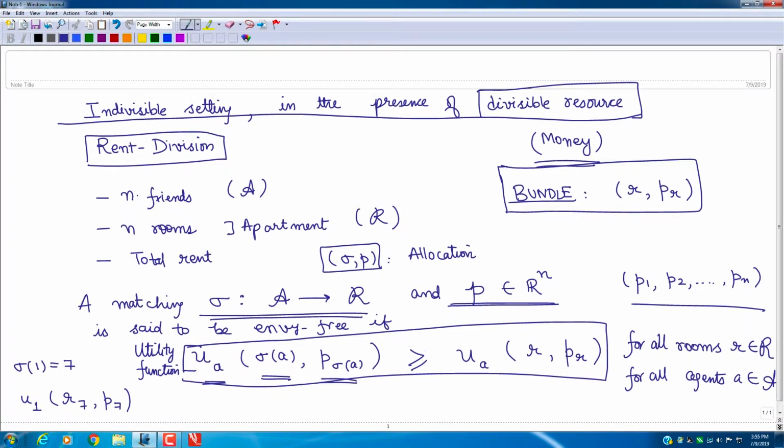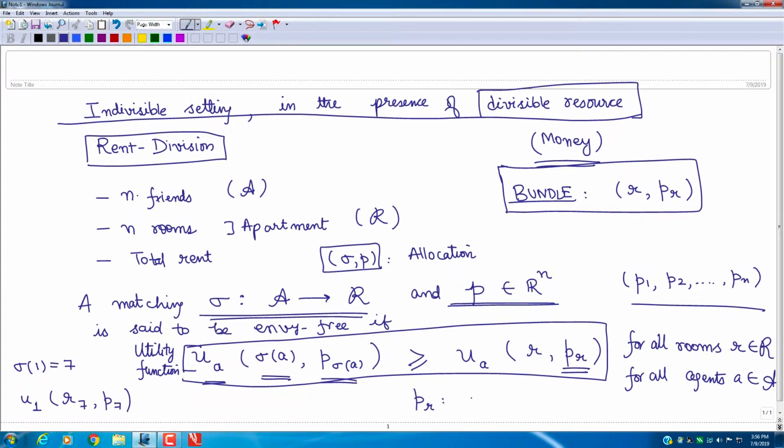This tuple is said to be envy free if the utility agent A derives from residing in the room sigma A and paying the assigned rent for this room, P of sigma A, is at least the utility he would derive from any other room under the same imposed rents P. Again, I am hoping this notation is clear.